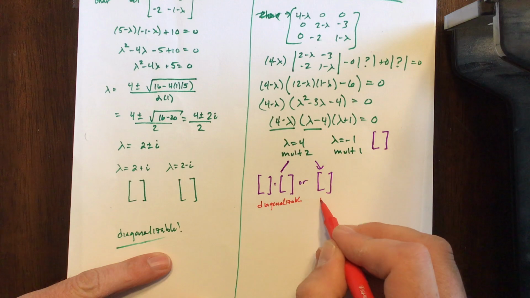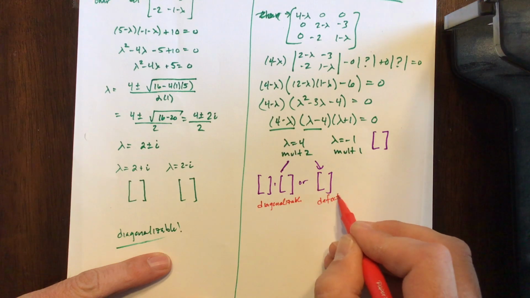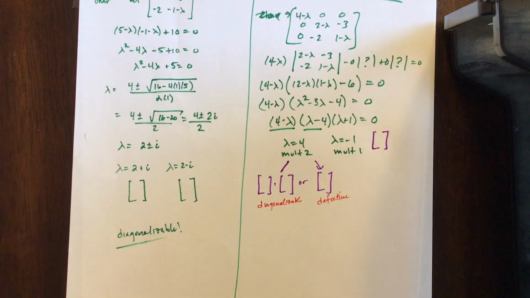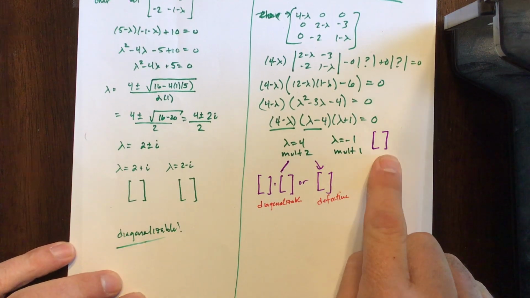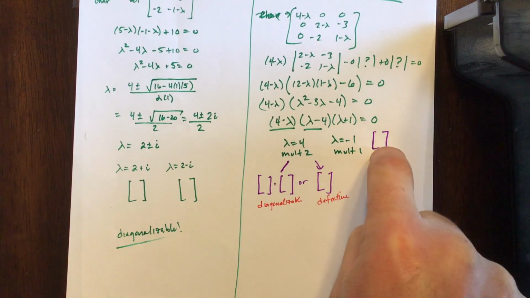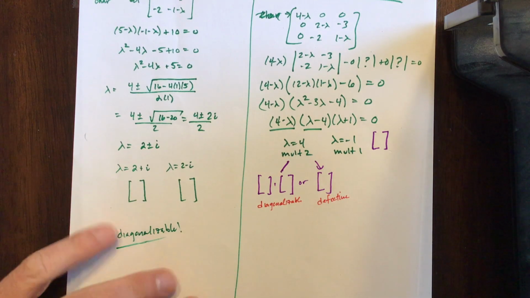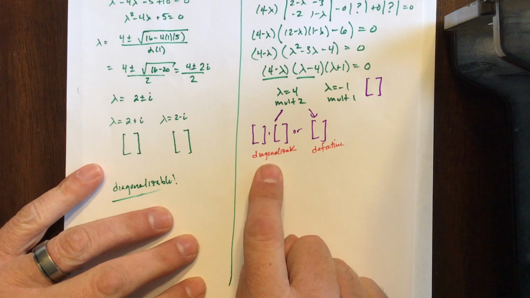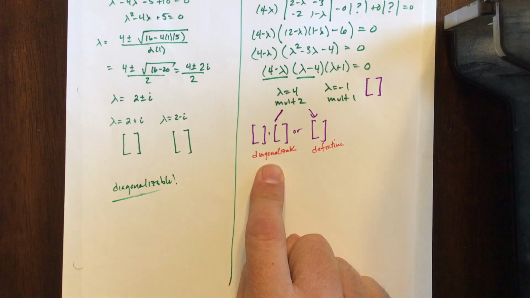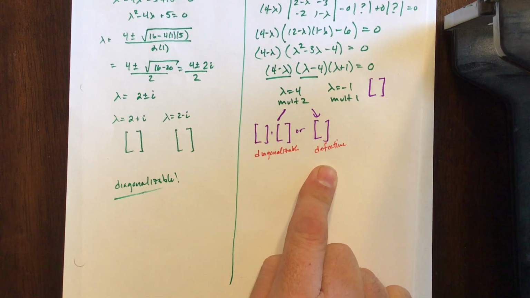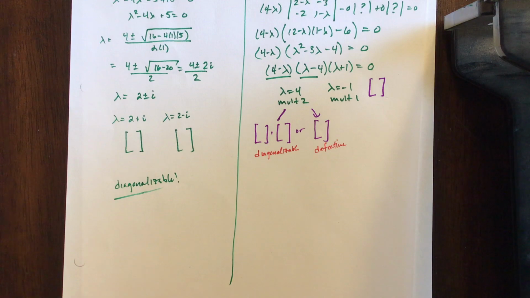And if it only has 1, it's going to be defective. So I'm going to ignore the negative 1 one because I know I'm going to have exactly one linearly independent eigenvector. The question is, for lambda equals 4, am I going to have an eigenspace with dimension 2 or dimension 1? So let's take a look.